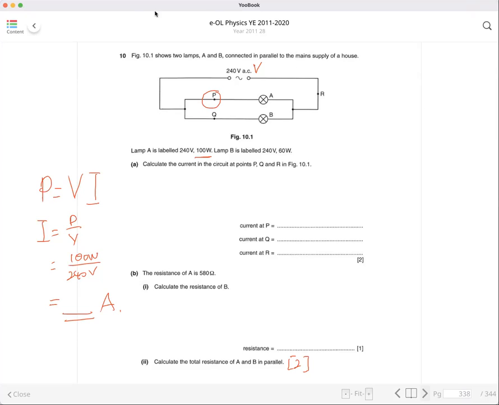Okay, Ryan, your ohm is not correct. Can you try again? Pei Kwan, your Q, can you complete one more time?